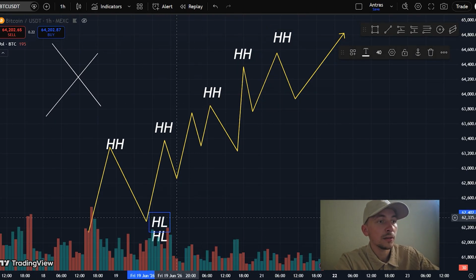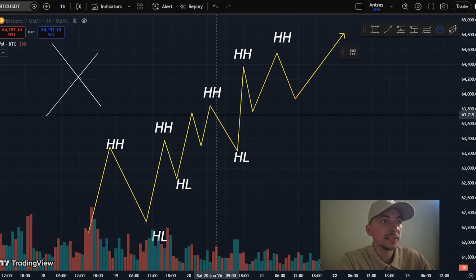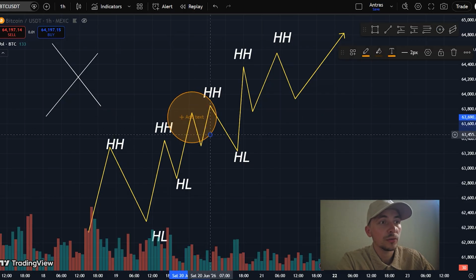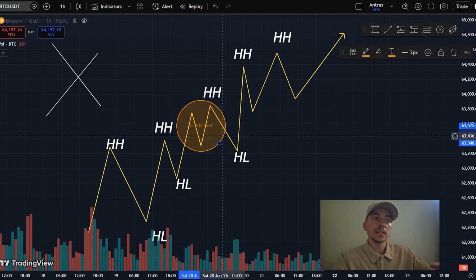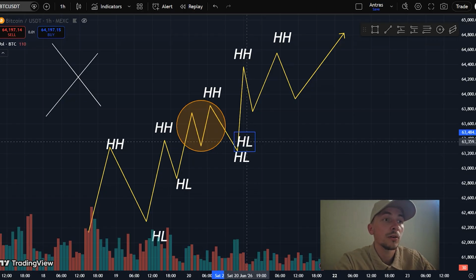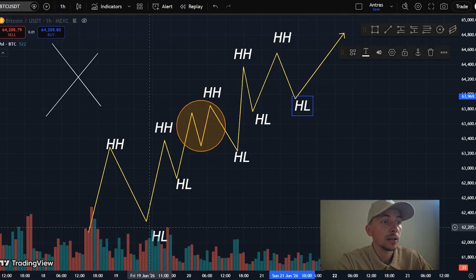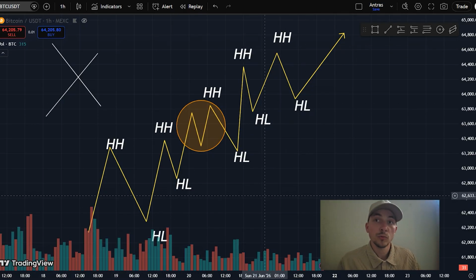Same goes with higher low, higher low. In this case there was a consolidation. Sometimes the market tricks us, and you're going to see that a lot, but you have to look at the bigger picture and always follow the trend. New higher high, new higher low. So now we have the up-to-date structure, forming new higher highs and new higher lows.